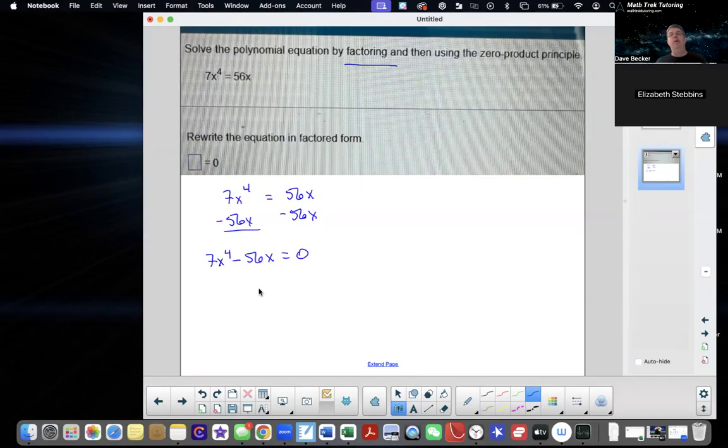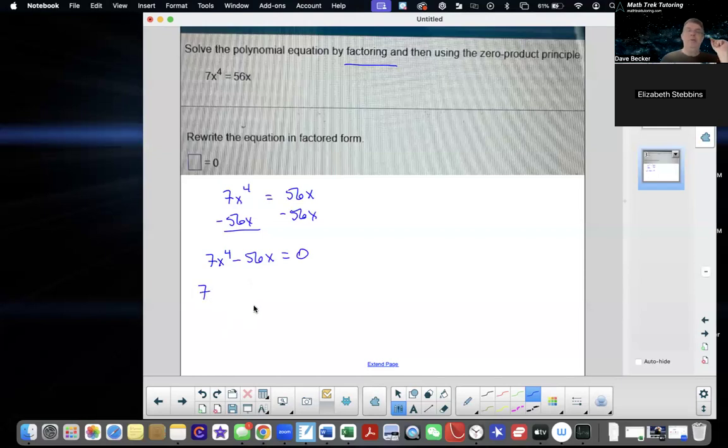So the only possibility is 7. So if 7 is going to work, then you're thinking, 7 times what is 56? And if you don't have it in your head, you just take 56 and divide it by 7, and you'll get 8. So that means I can factor out a 7.